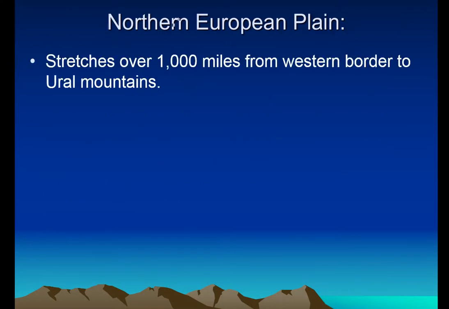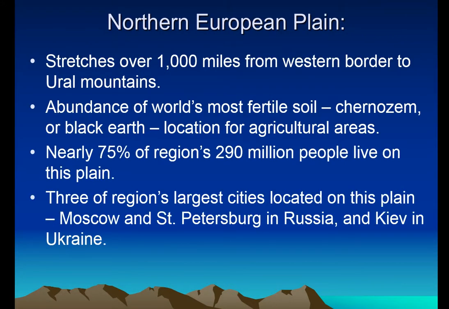About the North European Plain, it stretches over 1,000 miles from the western border to the Ural Mountains and contains the very fertile soil Chernozem, or black earth. Because it has so much of this and it's so fertile, it's a very large area as far as people settling there. The population is very, very thick in that part of the world. 75% of the region's 290 million people live on the Northern European Plain.